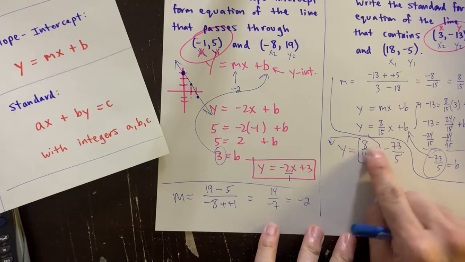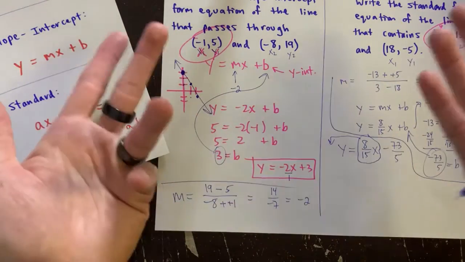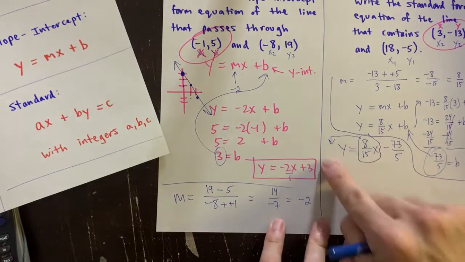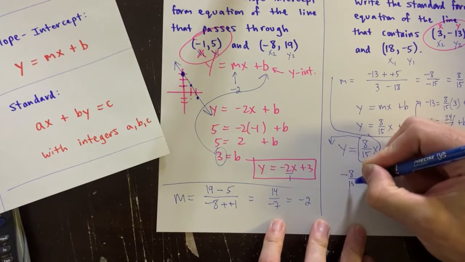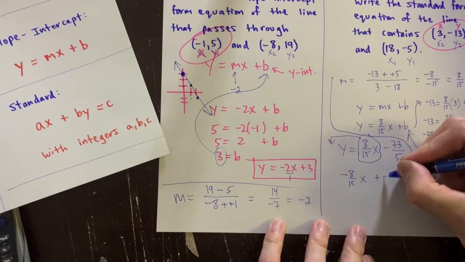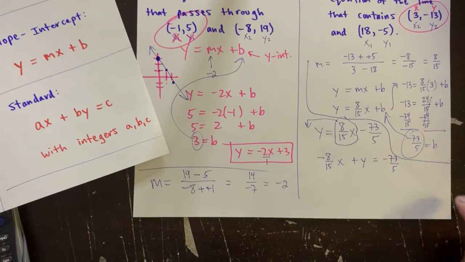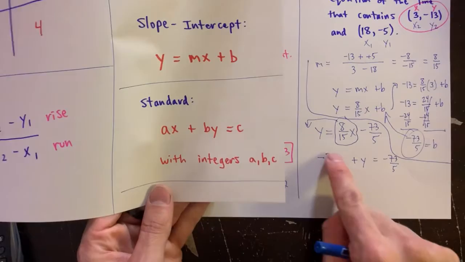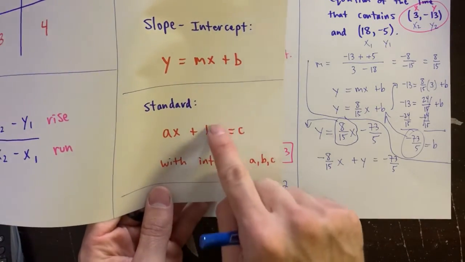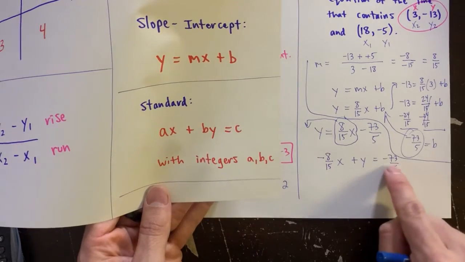Now, if this piece is positive on the right, when you move it to the left, it's gonna become negative. And so by subtracting this to this side, it'll be negative 8/15 x, then your positive y, and then that weird number on the other side. So it looks like everything is in the correct spot. You have the x's, those are the x's. You have the y's, those are the y's. And then you have some number c.